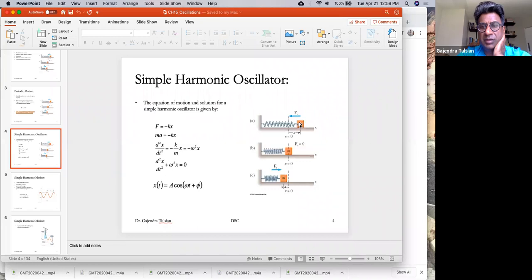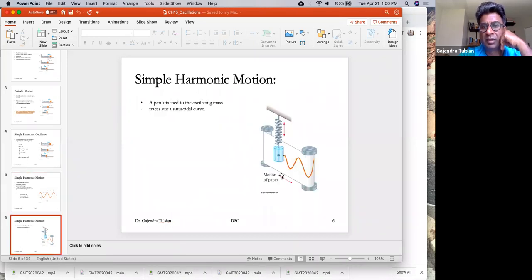All right, so you saw that the position of this mass as a function of time was given by this equation. This was a sinusoidal, a cosine or a sine function. Okay. And we can illustrate that this indeed is true. This can be illustrated in a lab. So you can have a roll of paper that's scrolling at a constant velocity.